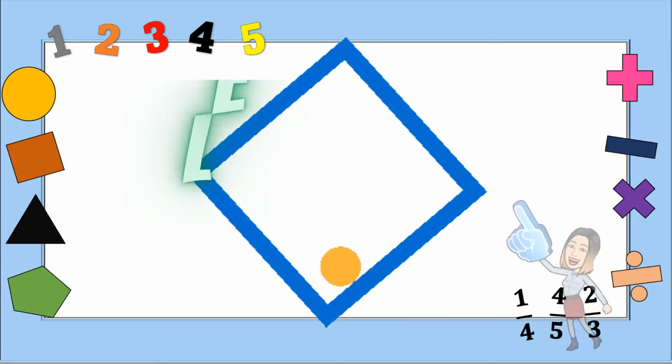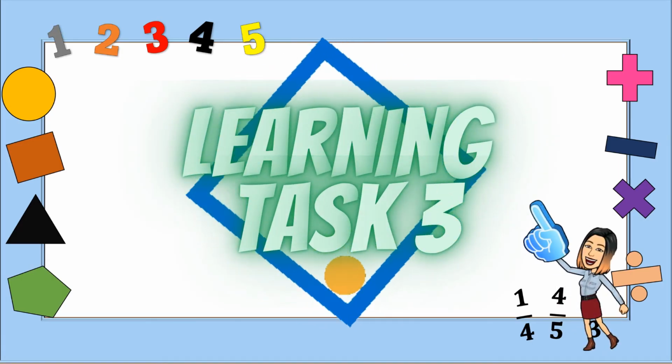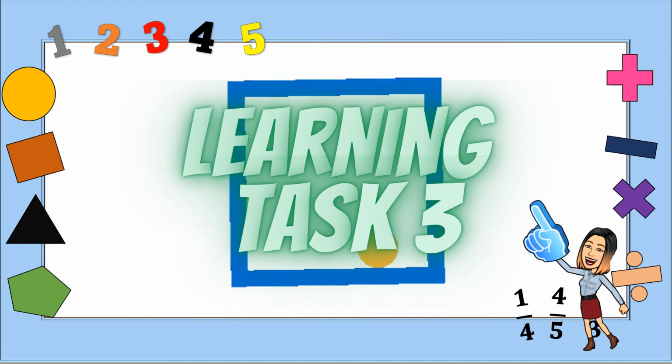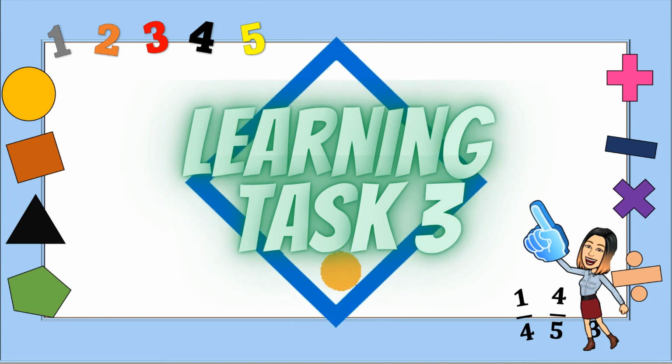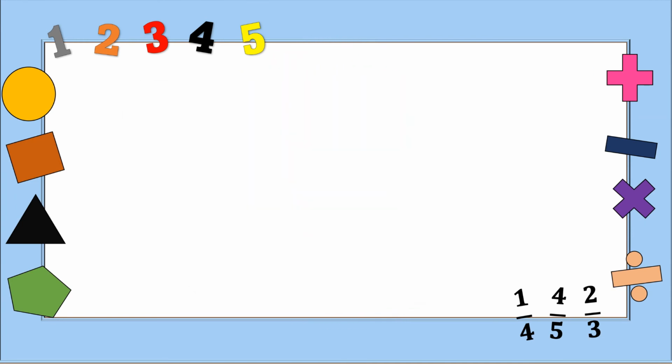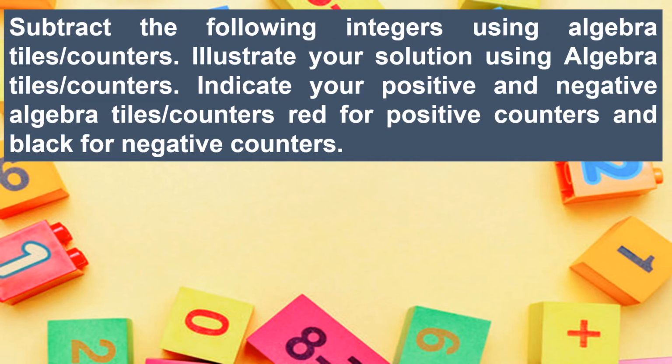Okay, so next, learning task number 3. Subtract the following integers using algebra tiles, counters. Illustrate your solution using algebra tiles or counters. Indicate your positive and negative algebra tiles or counters.